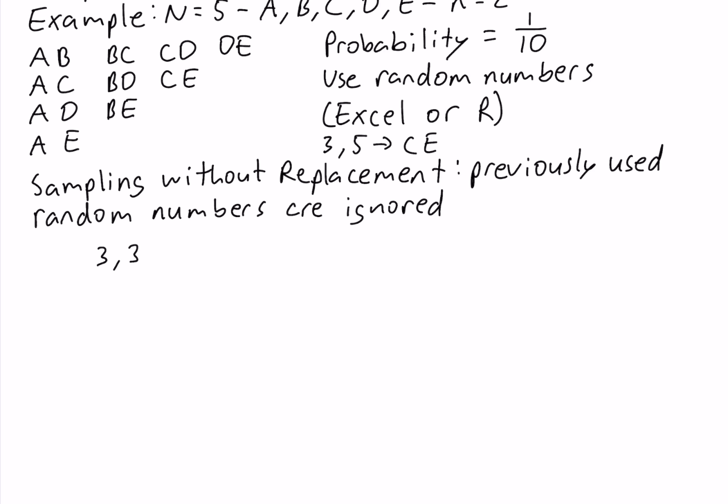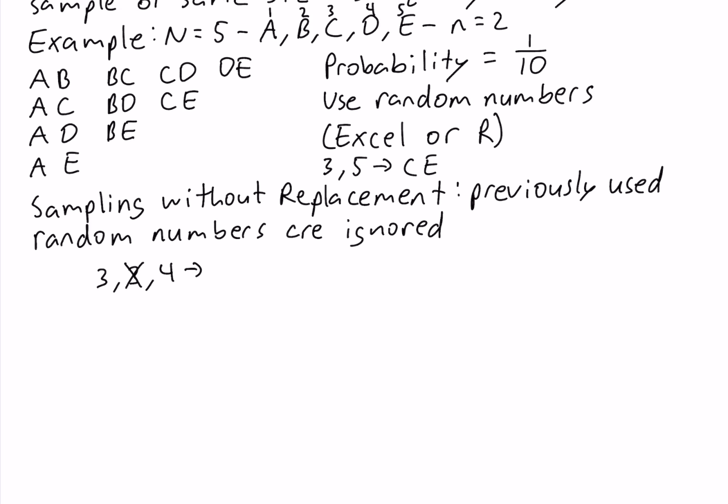So what we would do in sampling without replacement is we would ignore the second 3 and then choose another random number. Say we got 4 for our next random number, then our sample would be C and D. Now this is the preferred method of sampling.